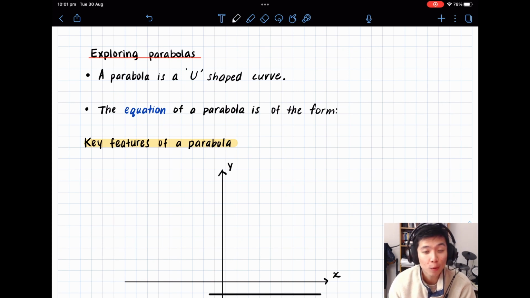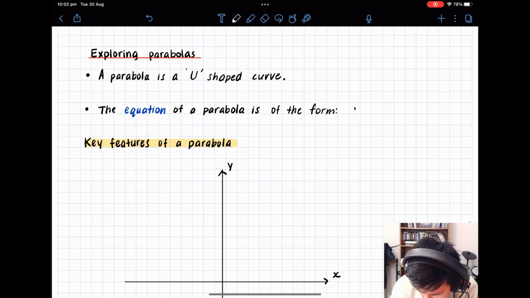Of course, we know that all graphs actually have an equation, right? We know that straight lines have an equation of y equals mx plus b. Hopefully you know that already. But what's the equation of a parabola? The equation of the parabola looks something like this.